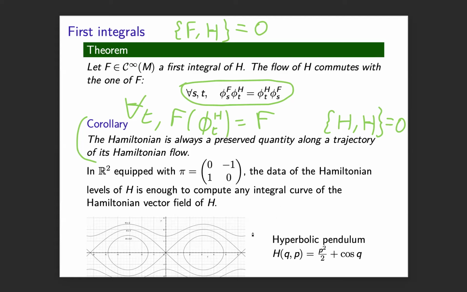And in particular, if you have one degree of freedom and therefore 2 dimensions, then you can integrate your Hamiltonian vector field if you know the levels of H. So this is the case for the hyperbolic pendulum, for instance. So H here goes from R2 to R.